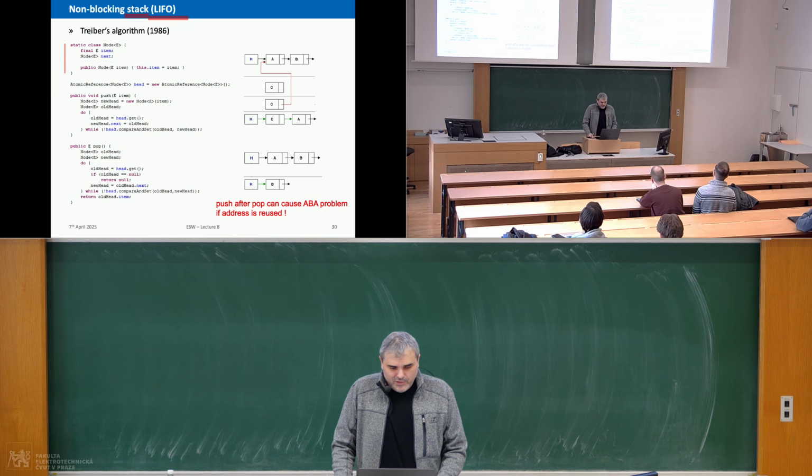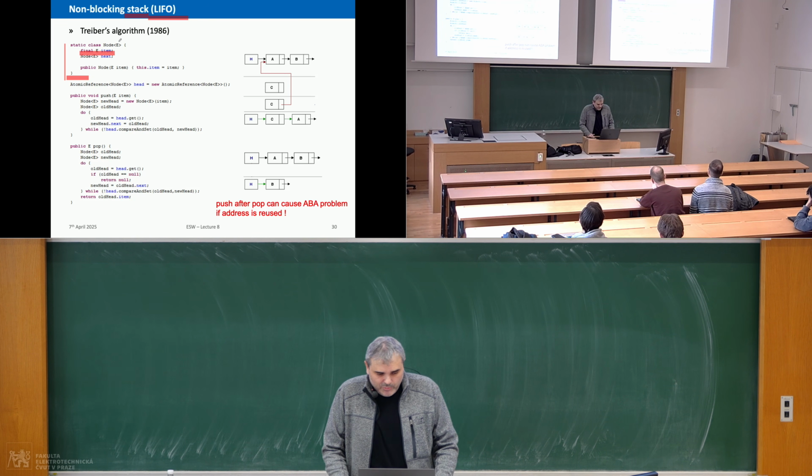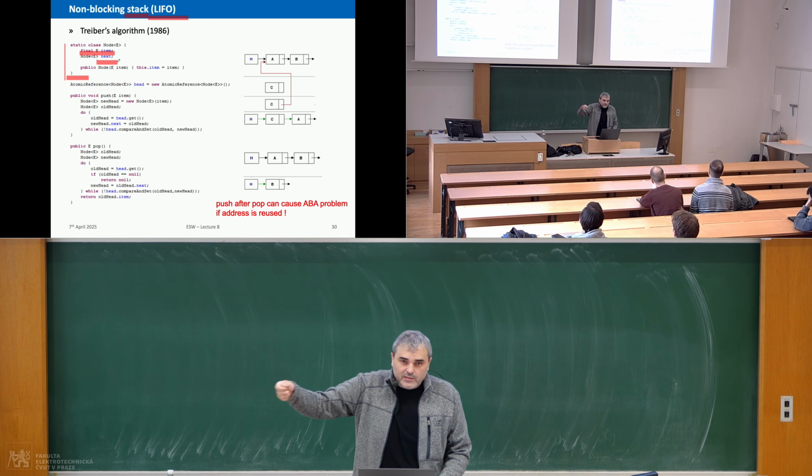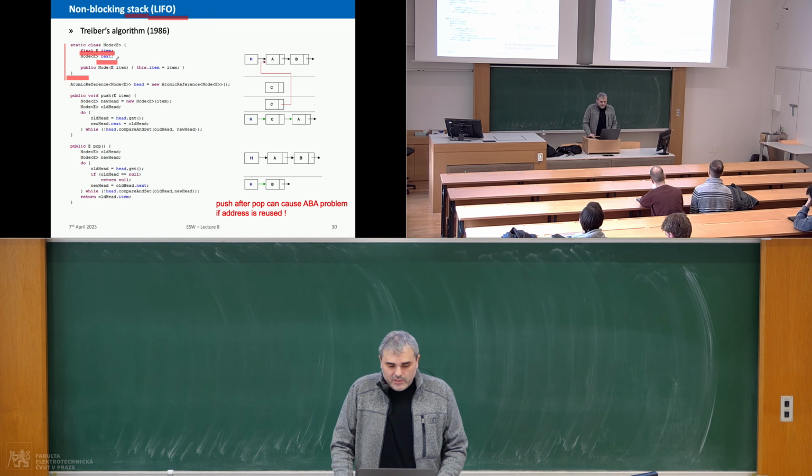So let's first define some internal structures like a node. A node has an item, the value inside the stack. It uses generics, but it doesn't matter in this case. And for the linked list, it uses a next pointer to the same node structure. And then here we have a constructor for that, because the value is final.